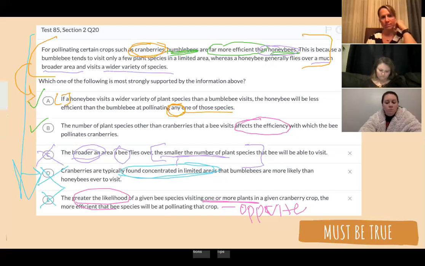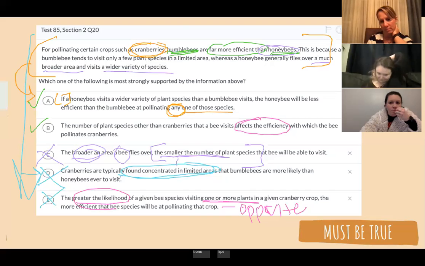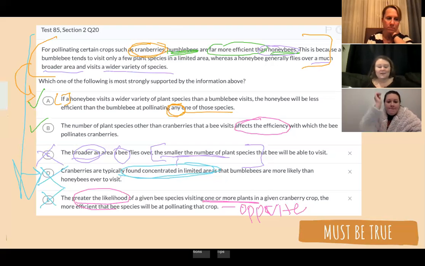And I didn't like the any part on A. Any of the species is way too strong, and we don't know that based on the information given. Yes, right? The part that I love so much about B is it just says that the number of plant species other than cranberries that a bee visits affects it. It doesn't say how much it affects it, just that in some way this does something to it. So can you see how mild B is compared to A?